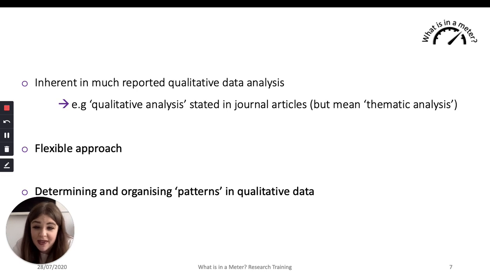A key reason behind this is the fact that it is very flexible and very adaptable, meaning that you can use different parts of the analysis process differently. So you can basically use it how you see fit within a study to be able to meet a study's needs. However, it is most frequently used as a way to determine and organise the patterns in qualitative data by being able to recognise the similarities and grouping together similar pieces of data.